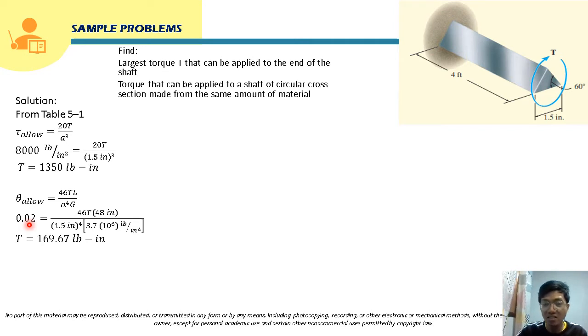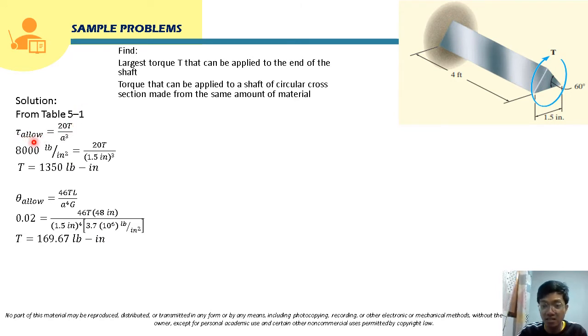That is not allowed. The maximum allowable angle of twist is 0.02, so that will exceed it. In this case, we are going to use this lower value. If you substitute this lower value, it's okay because it will not exceed the allowable shear stress.